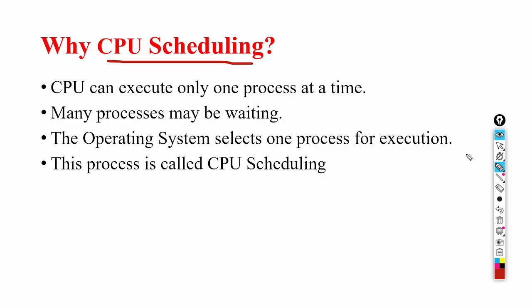However, the CPU can execute only one process at a time. Therefore, a mechanism is needed to decide which process should get CPU access first. This responsibility is handled by the operating system through the CPU scheduling.